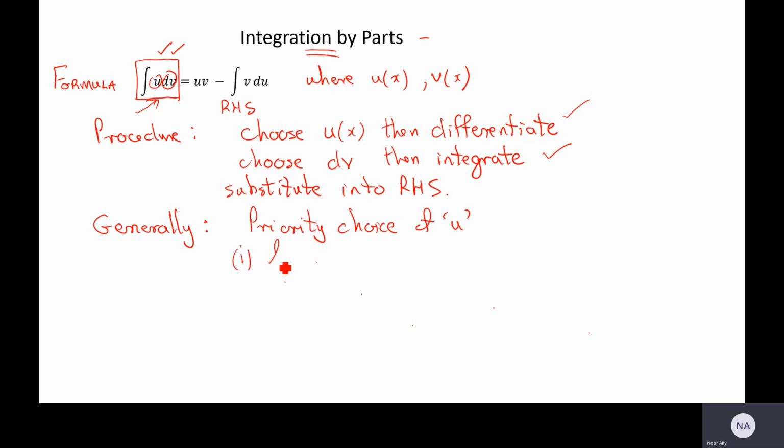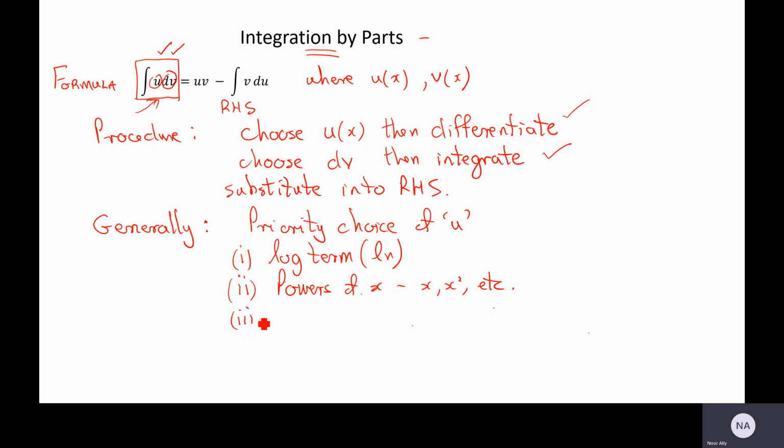First, look for a term that contains logarithms or ln. Then you allow that term to be equal to U. If there is no log terms, then you look for powers of X. Your X to the 1, your X squared, and so on.